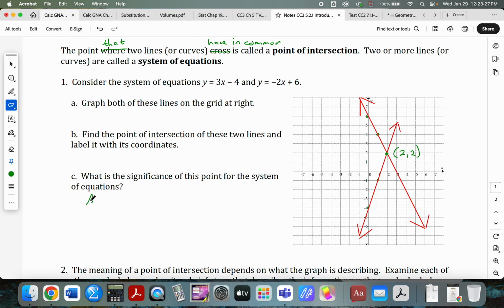So this is a point that is on both lines. And in this case, are there any other points that are on both lines? No. In this case, it's the only one.